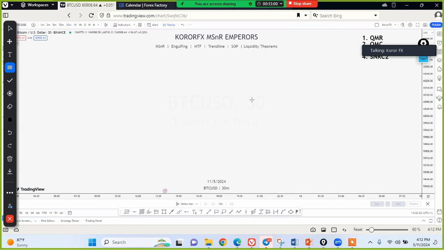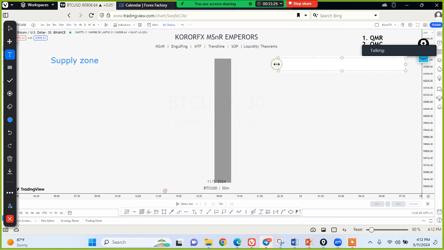When I say the QM, there is a supply zone and there is a demand zone. Let me give you something. We have a line here, and then I will draw here what is called the supply zone, and here the demand zone.